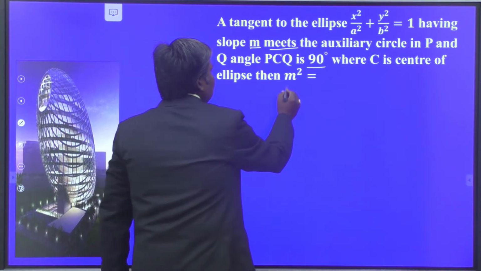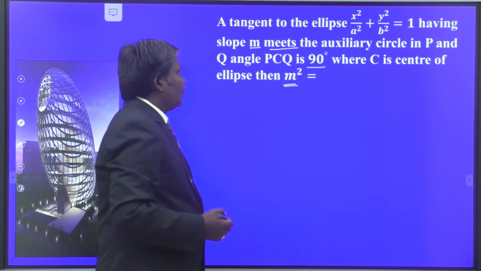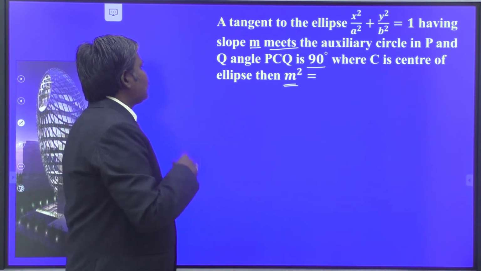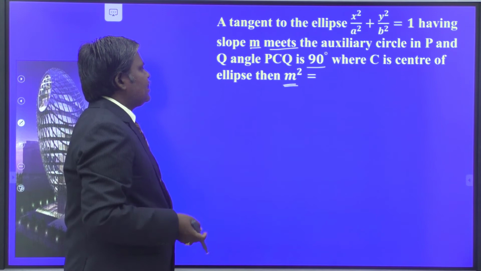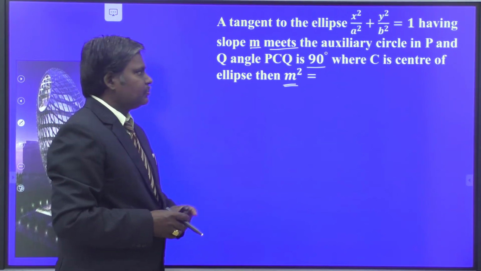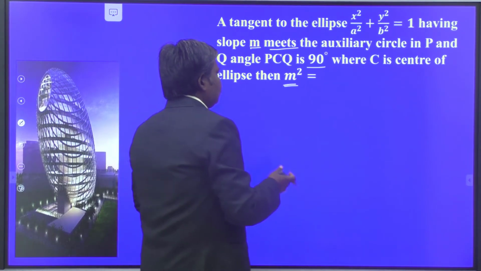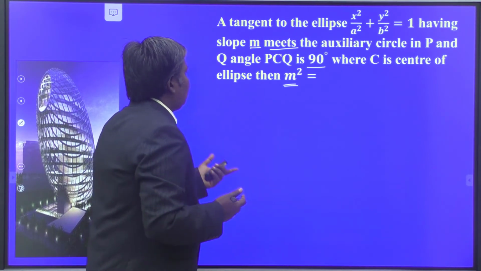Then what is the value of m square? So the logic is same about the problem.